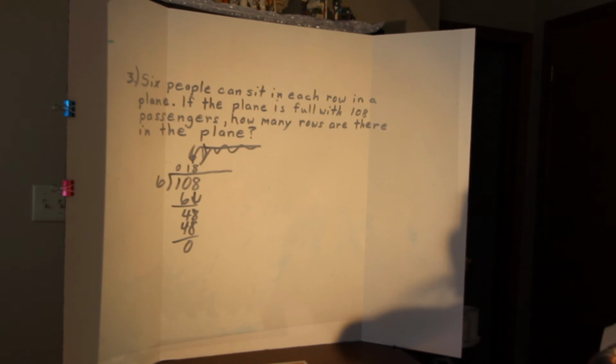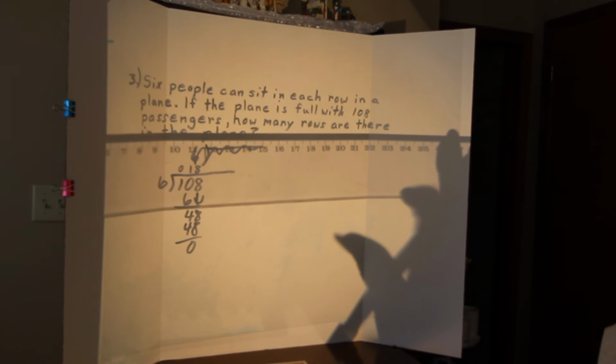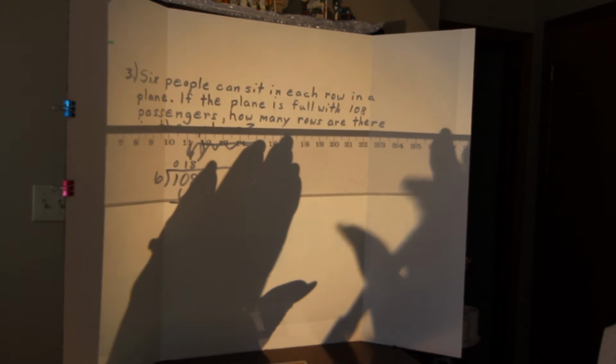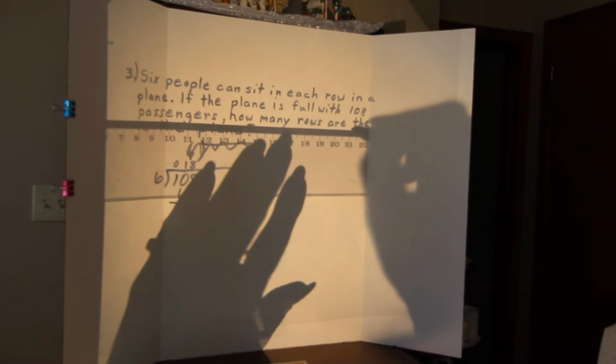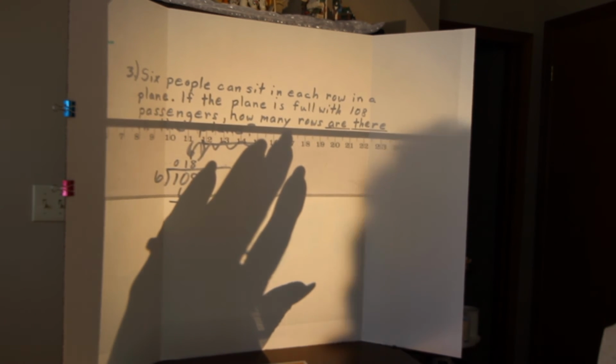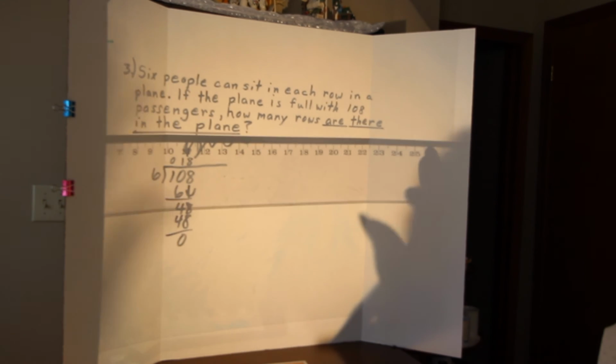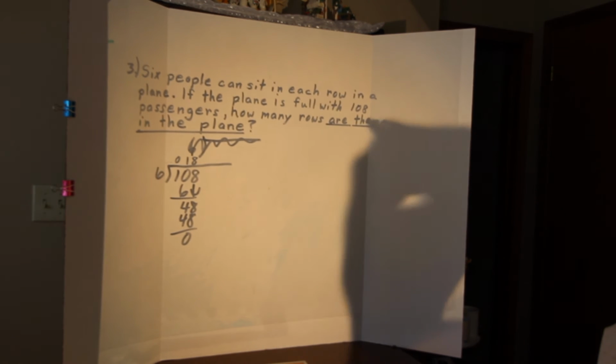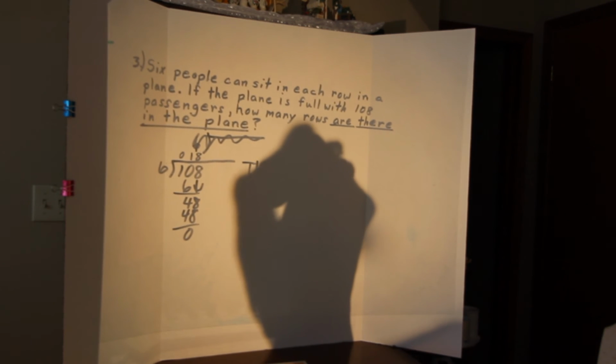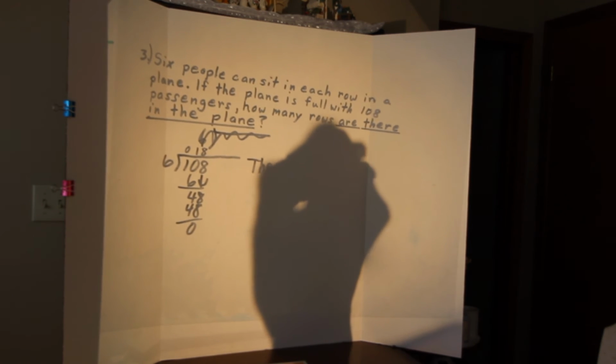So what are we going to use for our sentence? This is a little backwards. There are how many rows in the plane? So we're going to start here, and we're going to put a capital.